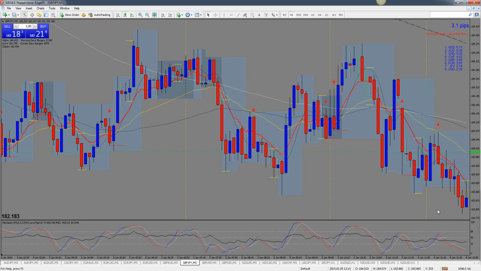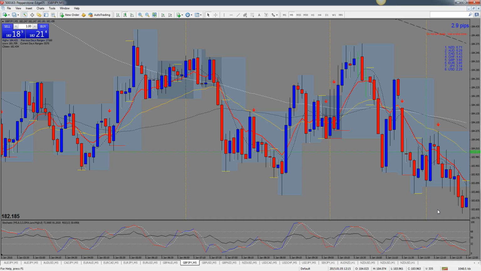You're only waiting up to 3 candles. I do not take the trade after 3 candles. It's only valid for 3 candles, and the further it goes into those 3 candles, I'm really going to look at it to see whether or not I'm going to take it. If it breaks on the first candle, I'm in it.